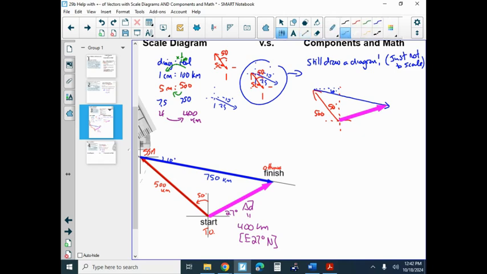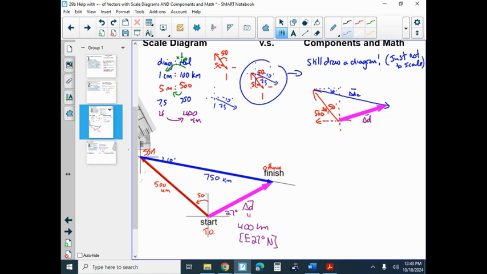So this is representing the displacement, and we're going to get our information from it mathematically though, okay? So it's not drawn to scale, but we can use it. How this works is we need to calculate the x component of this. So let's call this delta D1. I didn't mention that earlier, I'll say that now. Add this in, D2.